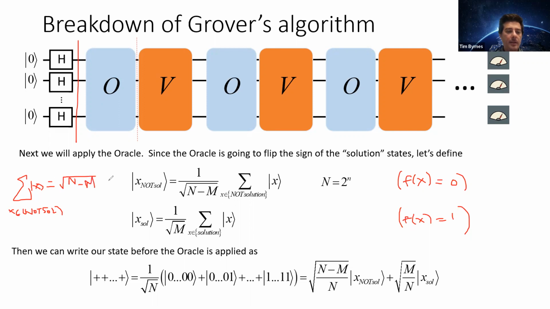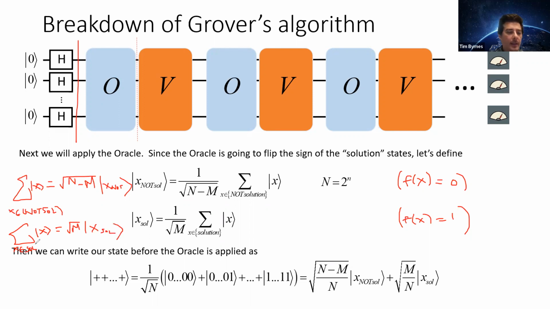I've just rearranged this equation, and I'm going to call it x not. And over here, this is the sum of states that are in the solution. This one, we multiply by square root of m, and put it on the other side. So these are the solution states.